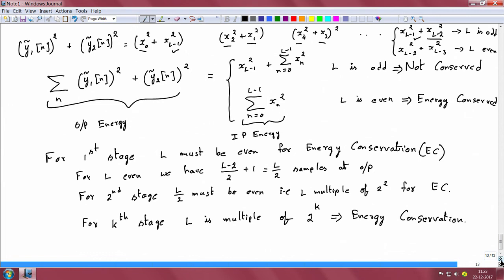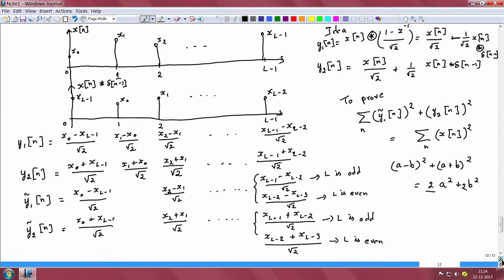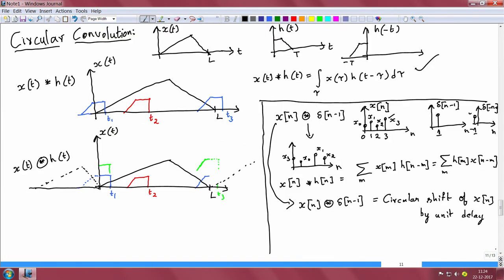So, in summary, we have looked into this circular convolution operation. This circular convolution operation is typically done on finite duration signals, as you can see here. For infinite duration signals, there is no concept of wrapping around to the end or to the front.